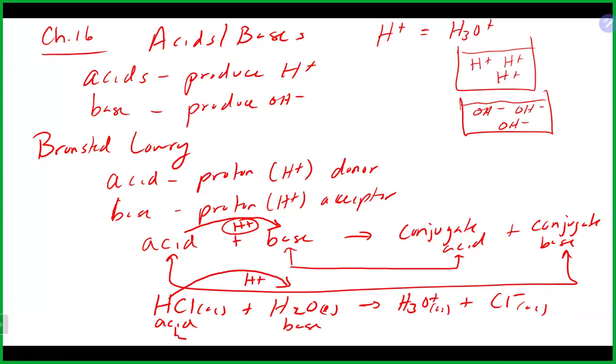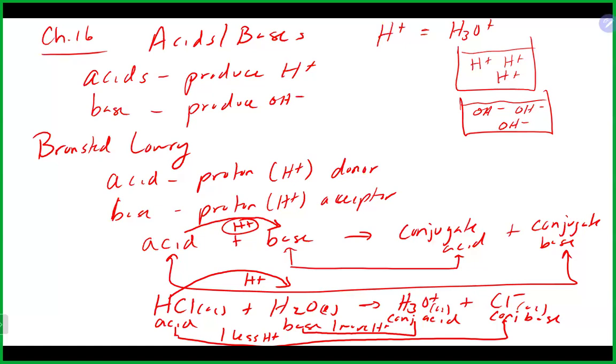When it does so, it will lose the H plus and become Cl minus, and that is the conjugate base on this side. The water, which will accept the H plus, will make H3O plus, which is the conjugate acid. So once again, the only difference between those two is one H plus. The Cl minus has one less H plus as it lost it, and the conjugate acid has one more H plus because it gained it.